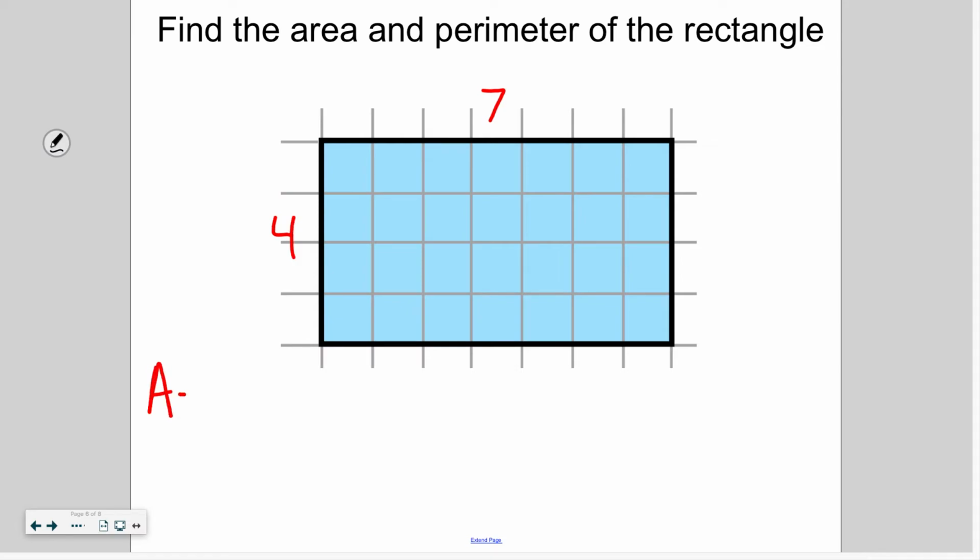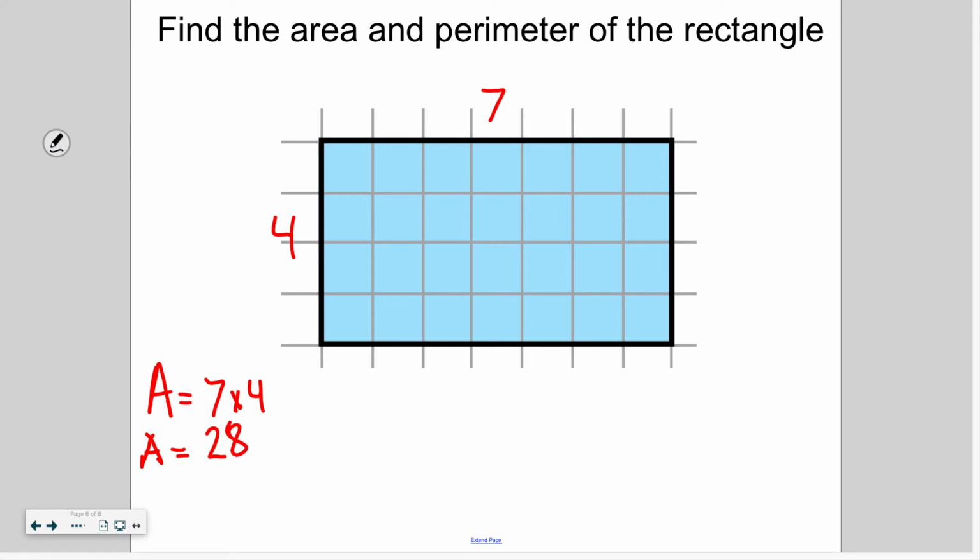What's the area of this rectangle? So remember, we have to multiply the length times the width. So that's 7 times 4. What's 7 times 4? Right, so 7 times 4 is 28.